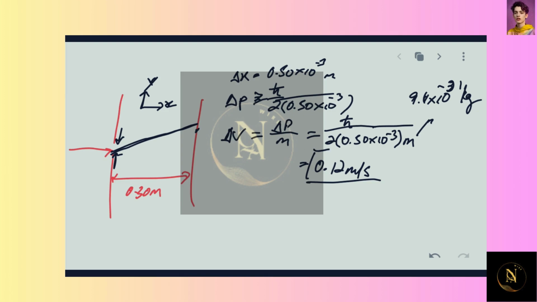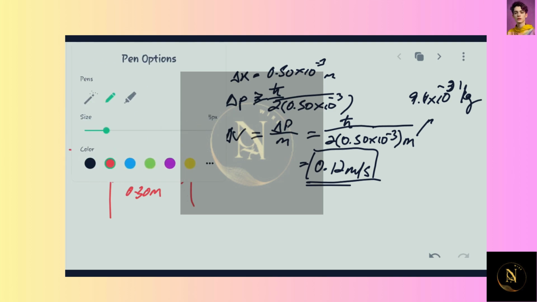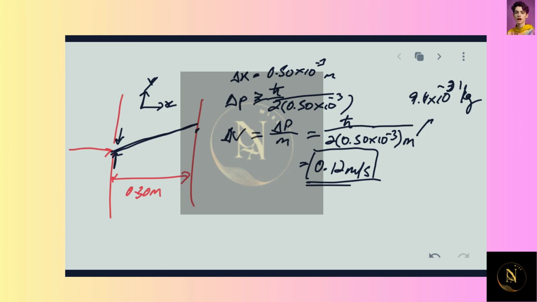Because of the uncertainty in the velocity in the y direction, in the worst case scenario, we have some electron that is moving up or down with a velocity of 0.12 meters per second. This is the worst case scenario, where there's a spread of velocity of 0.12 meters per second, either up or down.